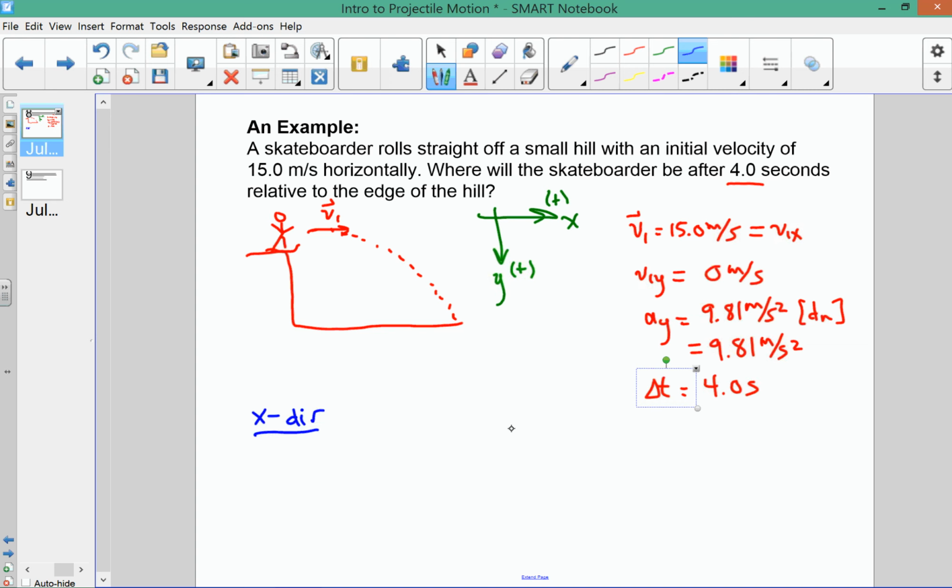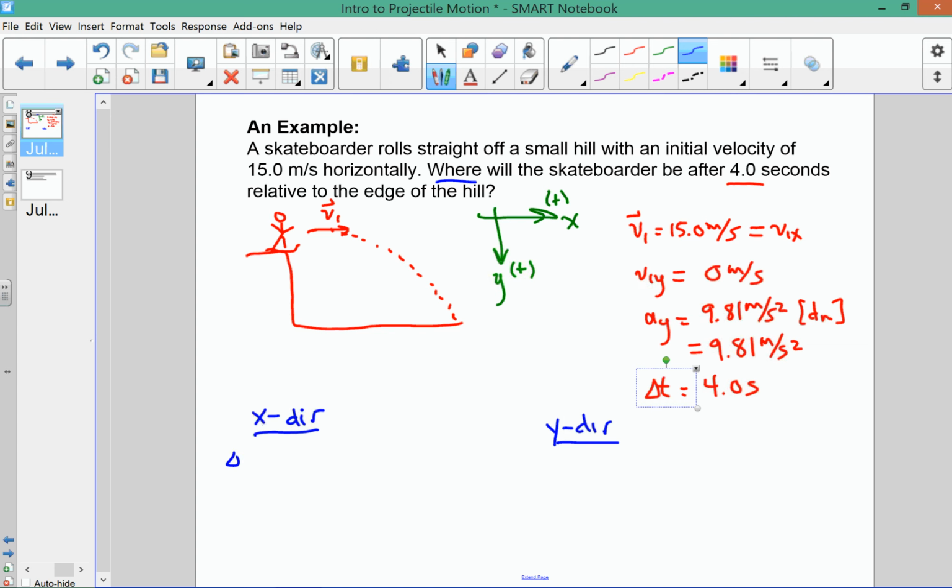I have 2 columns to my solution. One represents the x direction and one represents the y direction. Now, in the x direction, I want to know where the skateboarder will be after 4 seconds. So where means what is his displacement in x and what is his displacement in y.